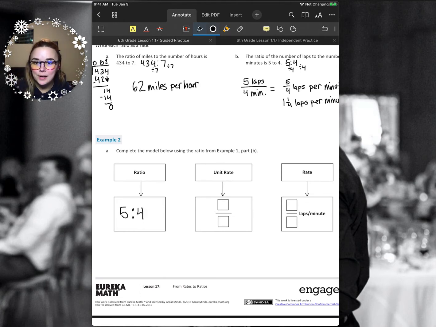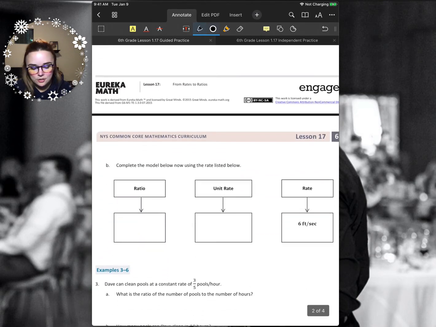Our unit rate is, in this case, how many laps in 1 minute, so that would be 5/4, or 5 over 4. And our rate is exactly what we wrote for B, 5/4 laps per minute. Remember when we see that slash mark, it means per, like miles per hour, laps per minute. Let's take a look at our next page.